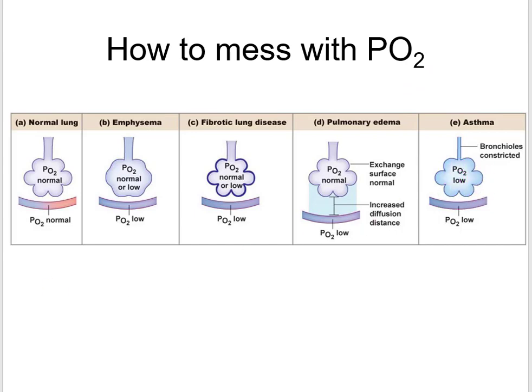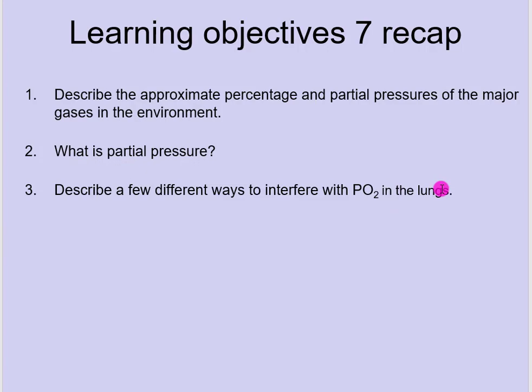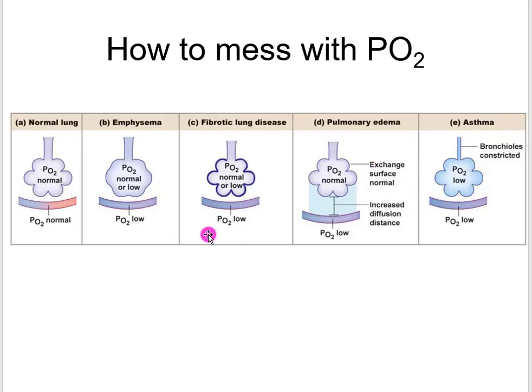So the reason I have this question here, how to mess with PO2, and again, really what I meant here is PO2 in the lungs, and that's what is in your learning objectives. But eventually what we want to understand is also, how do you get lower PO2 in the blood? And this same picture is showing you some of that. PO2 is low here, PO2 is low here, if you have some issues. Either you have swelling, so there's too much diffusion distance, or you don't have enough oxygen in the lungs.